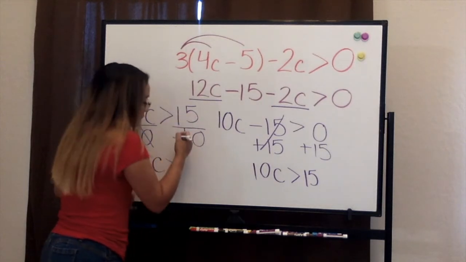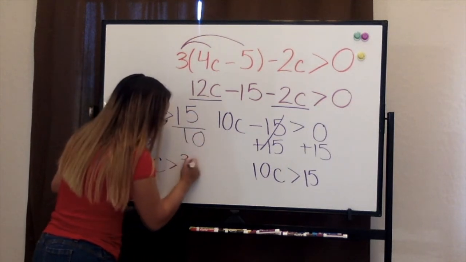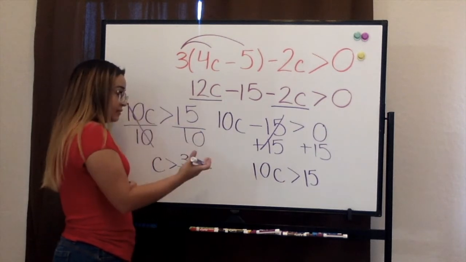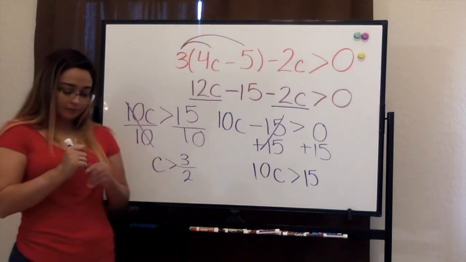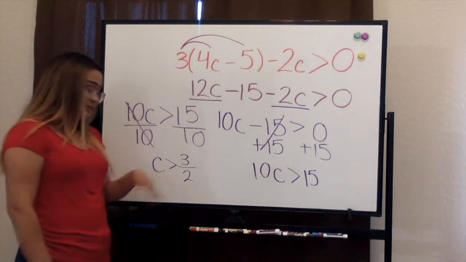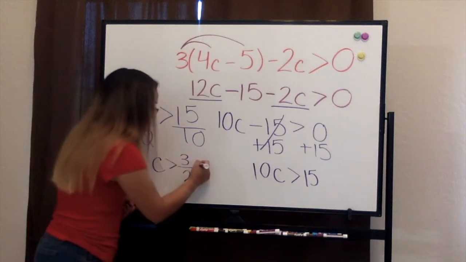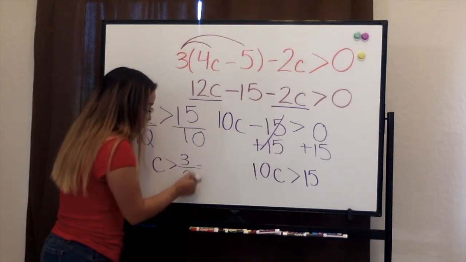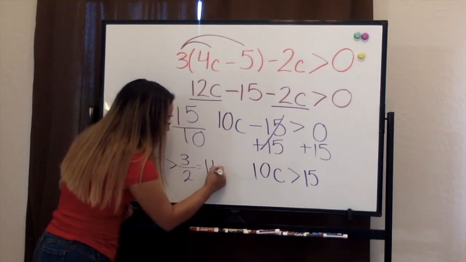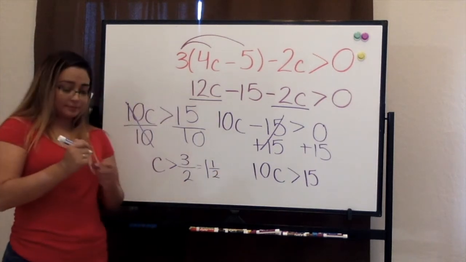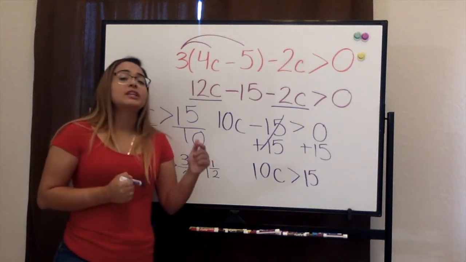So, we know 5 goes into 15 3 times, and we know 5 goes into 10 2 times. And that is our answer. c is greater than 3 over 2, which can also be simplified to 2 goes into 3 1 time. We have 1 left over, and we leave our denominator, which is 2. Does that make sense? Let's go in with another example.